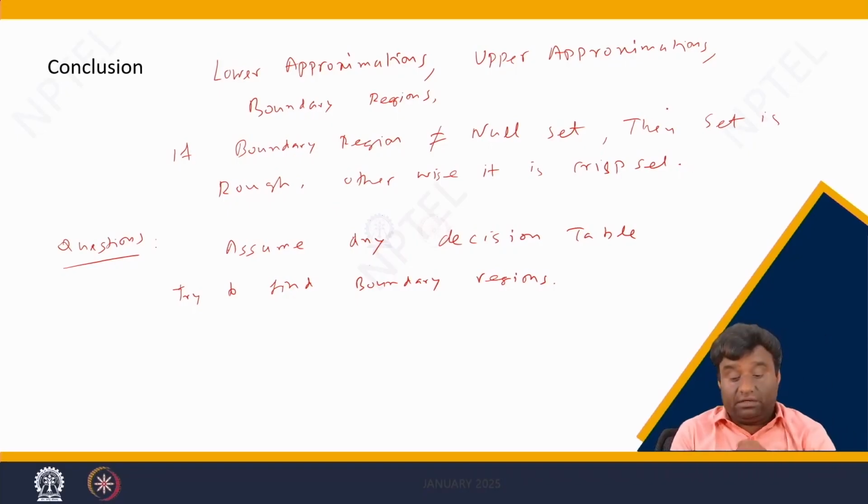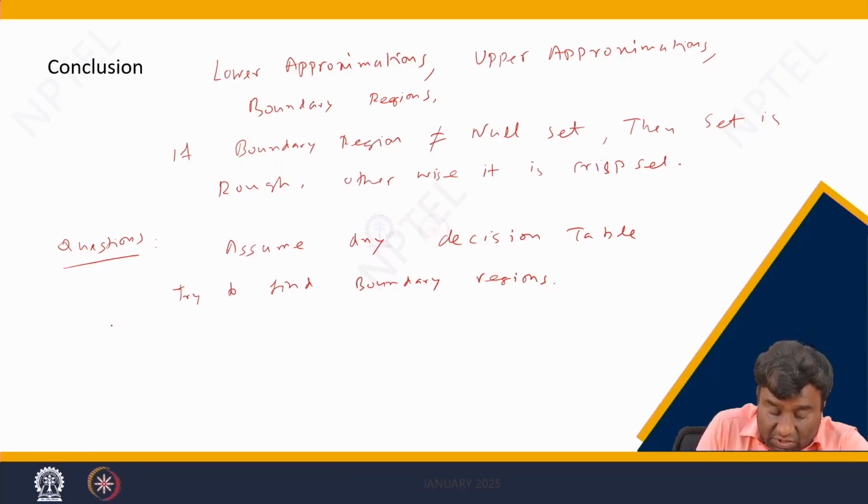If I give you one question, like that: the objects are x1, x2, x3, x4, x5, x6, with attributes A and B, and the decision D. Here you can write 1, 1, 1, 2, 3, 4, 5, 5, 6, 7, 8, 6, 7, 8, 5.